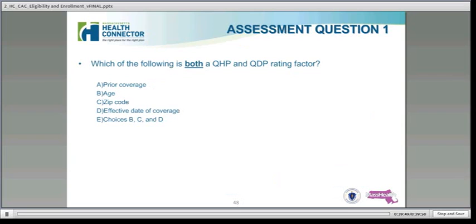If someone becomes eligible for a new qualified dental plan or a qualified health plan due to a permanent move. If someone identifies as an American Indian or Alaskan Native. If someone was erroneously enrolled or not enrolled in a QDP or QHP due to an HHS or Health Connector error. If someone's enrolled in a QDP or QHP that violated a material provision of its contract.